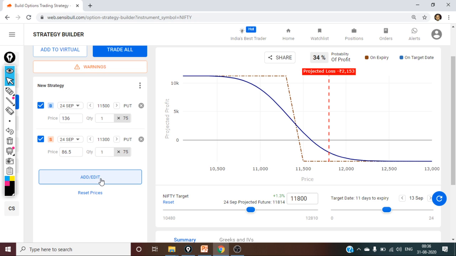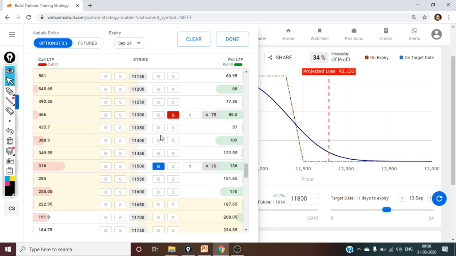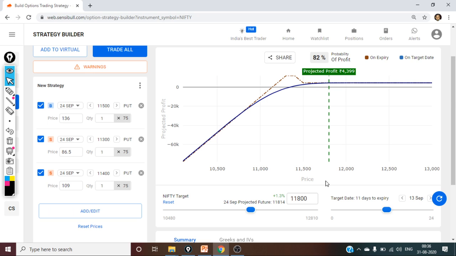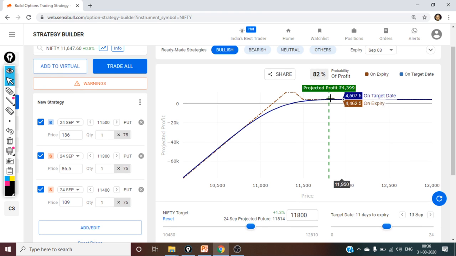Let's say we short 11,400. Now you can see we are going to collect money because we convert our debit spread to a short ladder. So we are in credit.